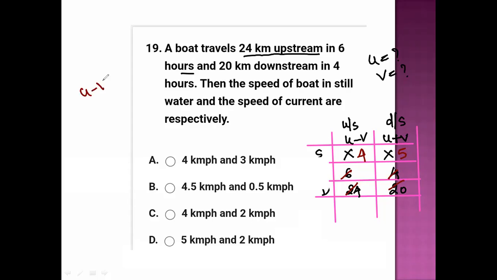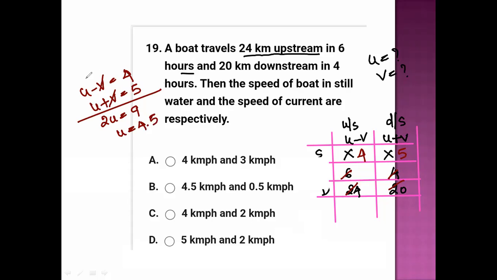So therefore I got the two equations, u minus v is equal to 4 and u plus v is equal to 5. To solve, just add them, the minus and plus cancel, and you get 2u is equal to 9. It means u is equal to 4.5.